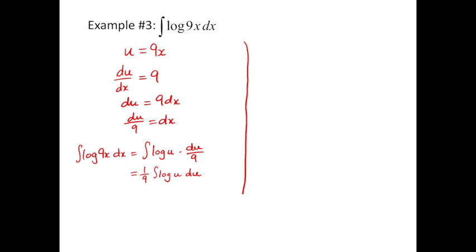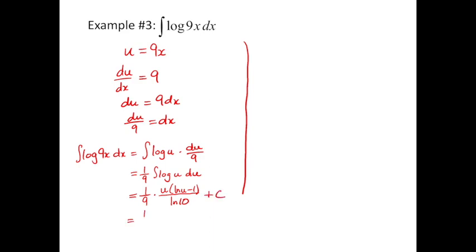So then taking the integral, this is log, and because the base isn't specified, that means it's log base 10, the common logarithm. So we'd have 1 over 9 times ln 10 in the denominator, u times bracket ln of u minus 1 plus c.